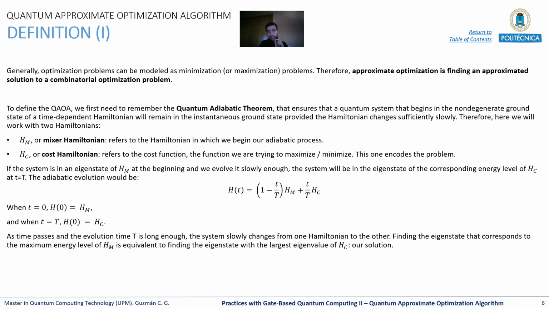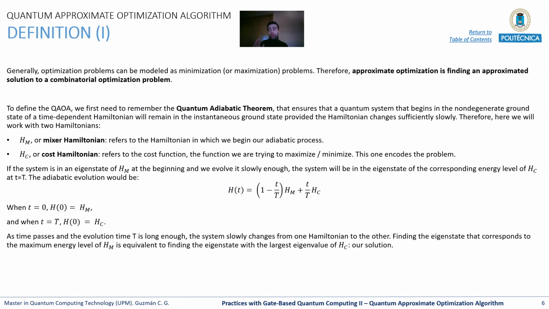So in that ground state, we will have the solution to our problem. This is what we will be doing with all of this. So if we have an eigenstate of Hm at the beginning and we go really slow, we will finalize the process in the eigenstate of the corresponding energy level of the cost Hamiltonian, let's say at t equal to T.